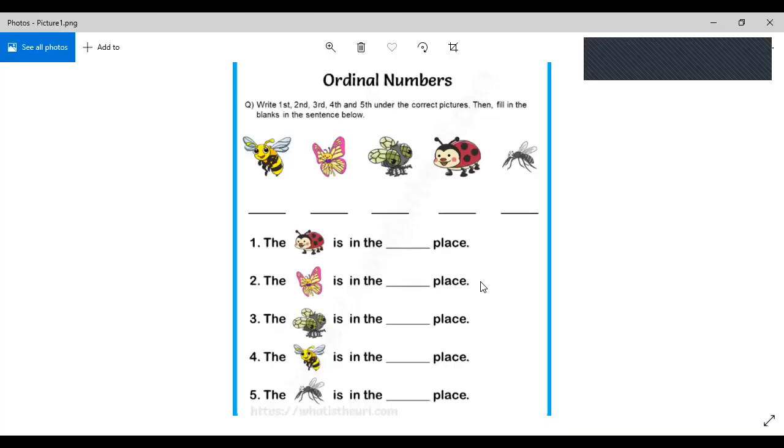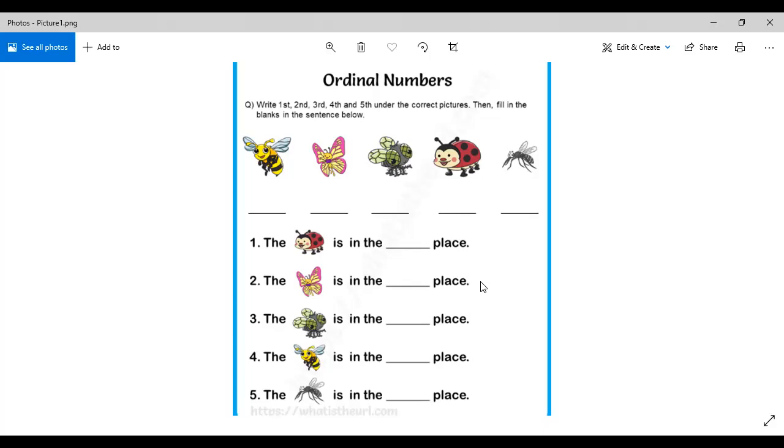Look at these ordinal numbers, right? First, second, third, fourth, and fifth, under the correct picture. These are small insects, and you are supposed to tell their position. Okay, so let's see who is on the first.